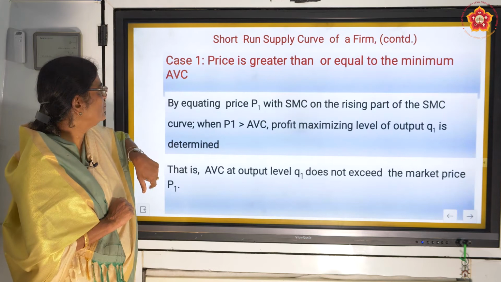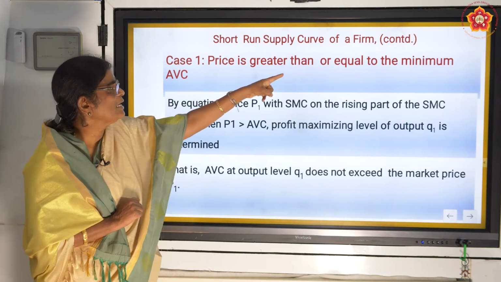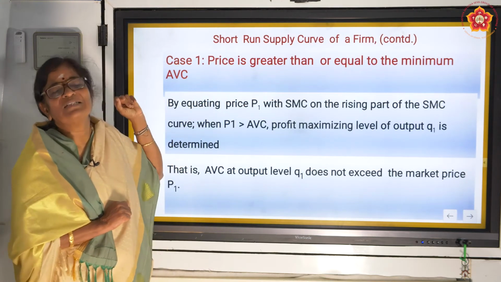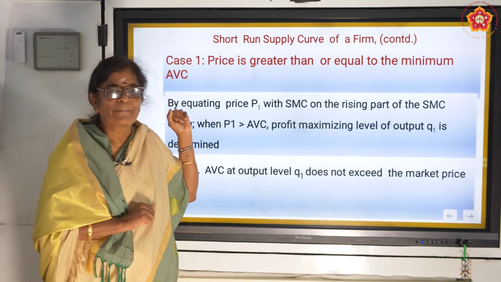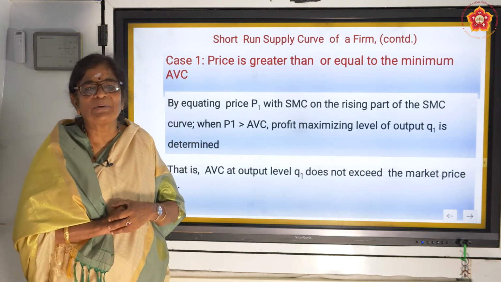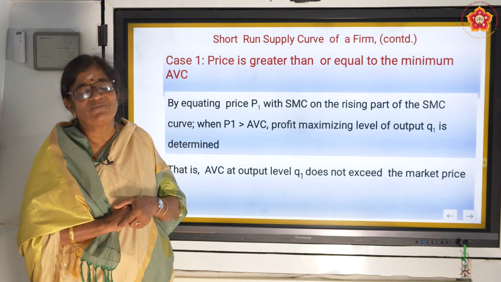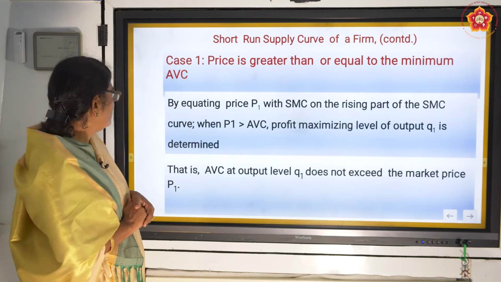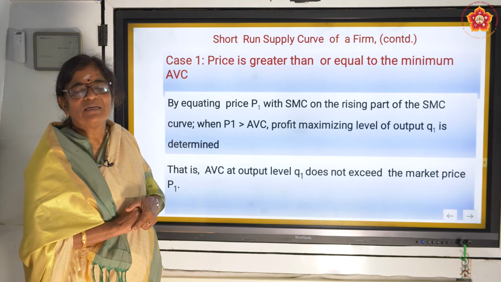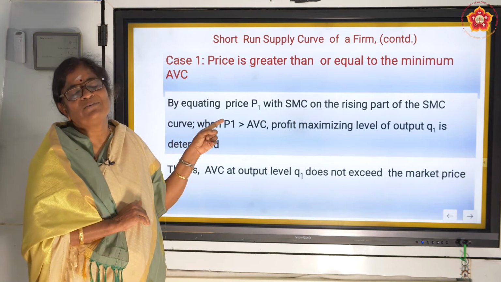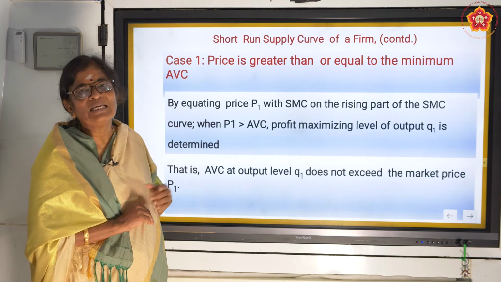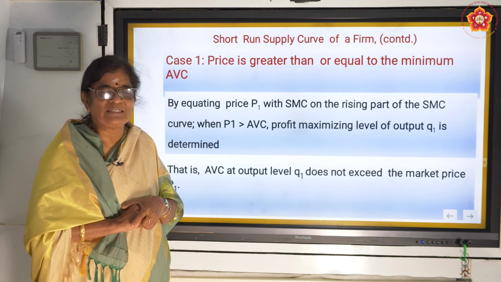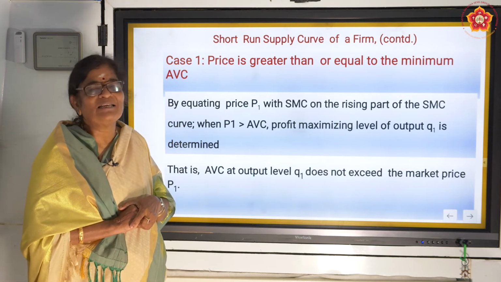Therefore, in the next slide we will see the price is greater than or equal to the minimum AVC. This is case 1 to derive the supply curve for a firm under a perfectly competitive market. How do you derive it? You equate the price P1, because only P1 is greater than AVC. Price P2 is less than AVC.